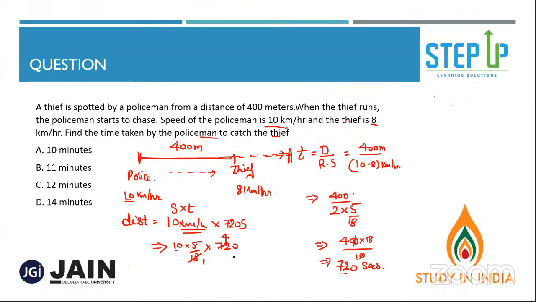Just divide by 60. This is in seconds, so we need time in minutes. So divide by 60. 3 zeros will come, right? Yeah, 1 zero will get cancelled.